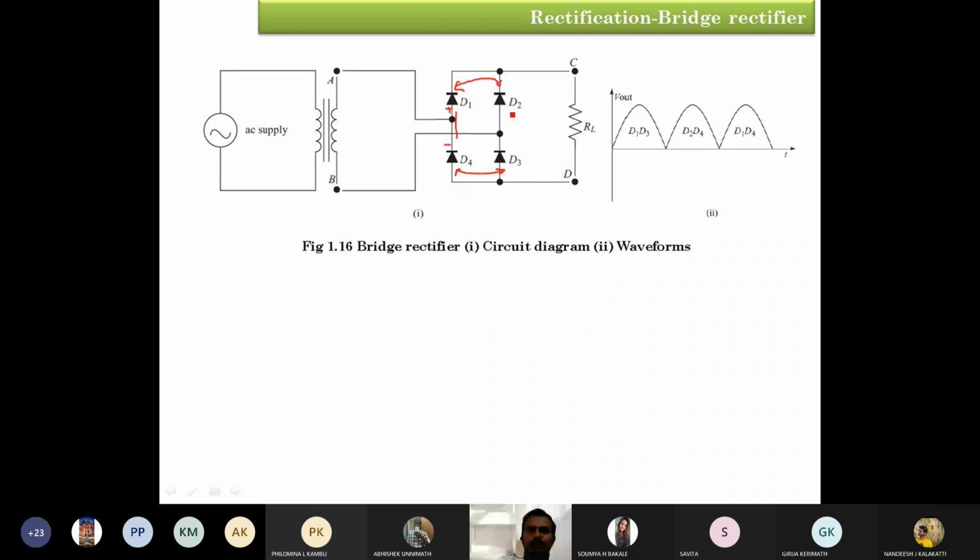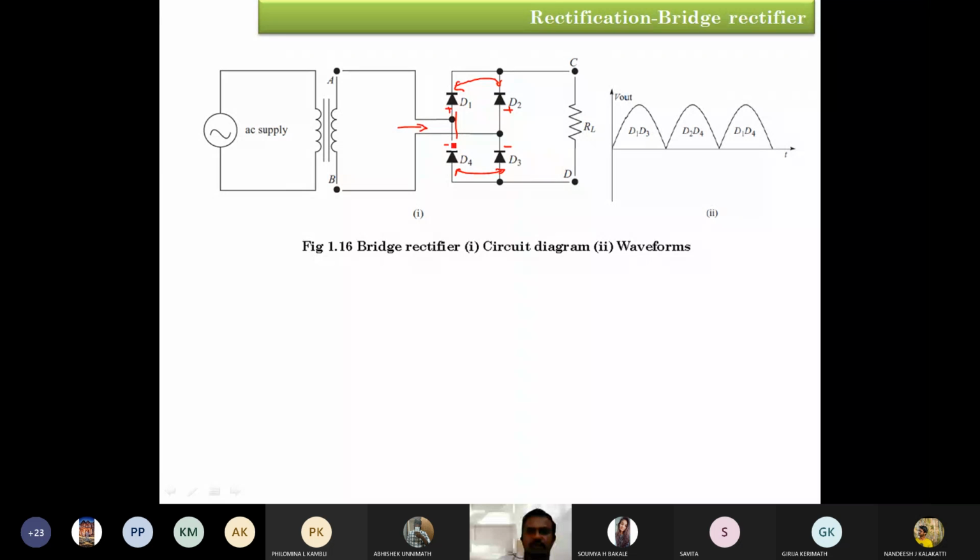Similarly, D2 anode is connected to D3 cathode. Where you observe the anode and cathode terminals of 2 diodes connected, we are going to supply the main input signal. The main input voltage is connected to these 2 lines.